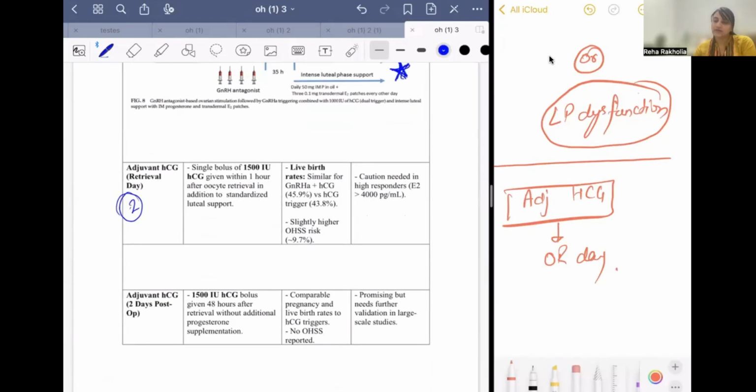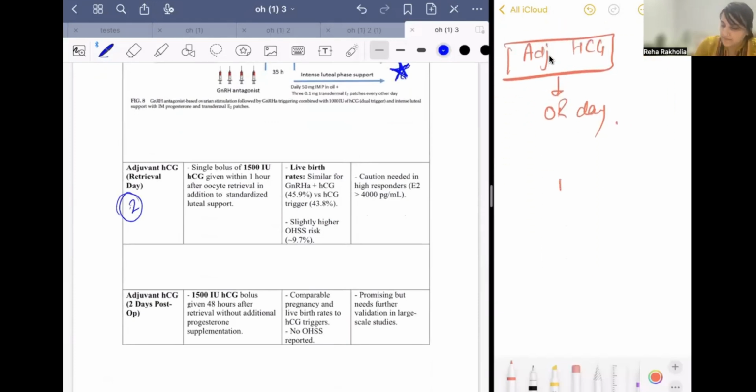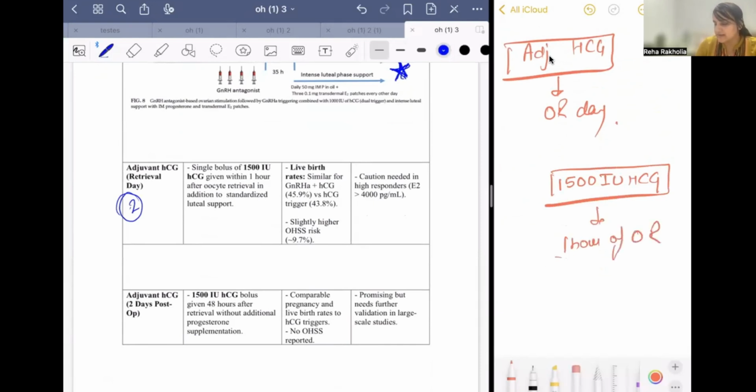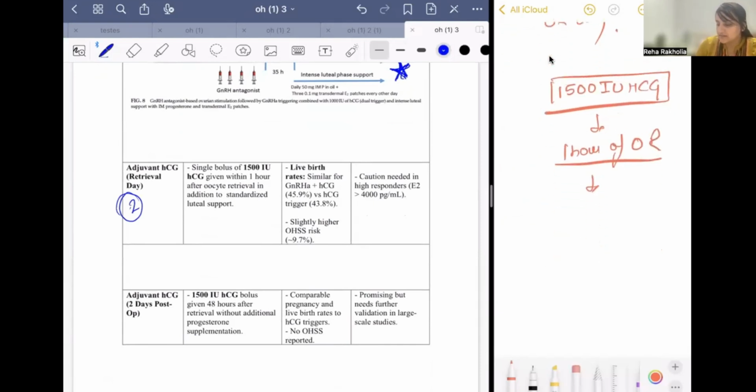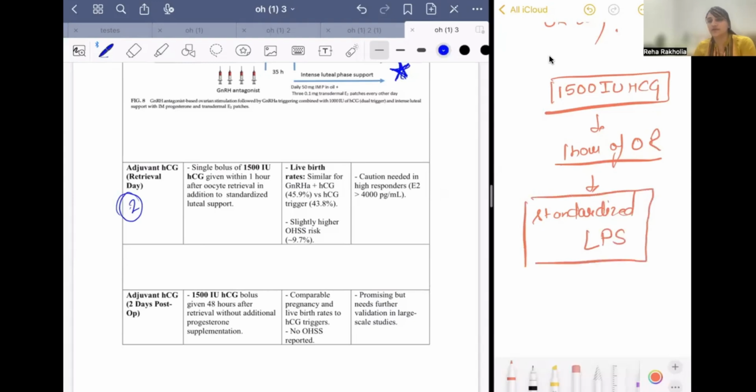Okay, so a single bolus of 1500 HCG is administered within 1 hour of oocyte retrieval alongside standardized luteal phase support. See, in dual trigger, we were talking about intensive luteal phase support.